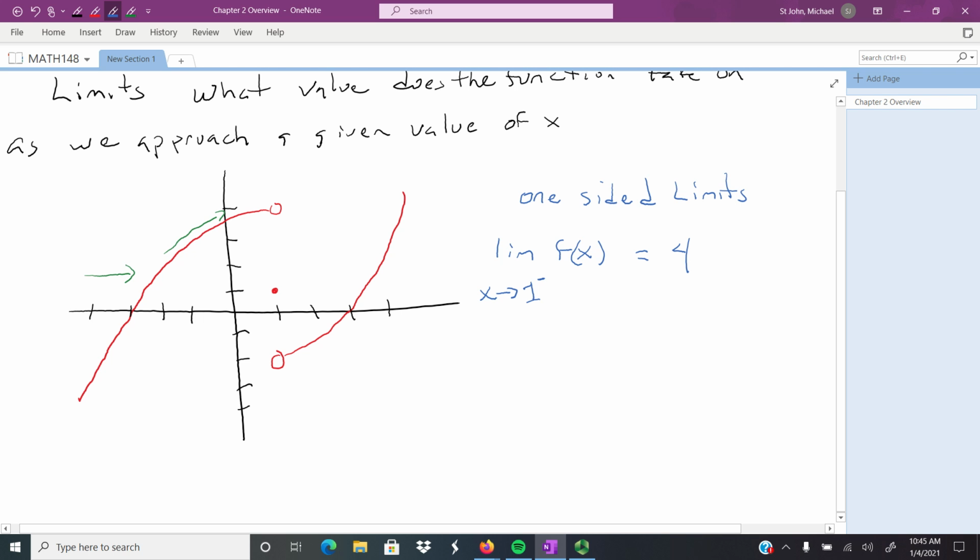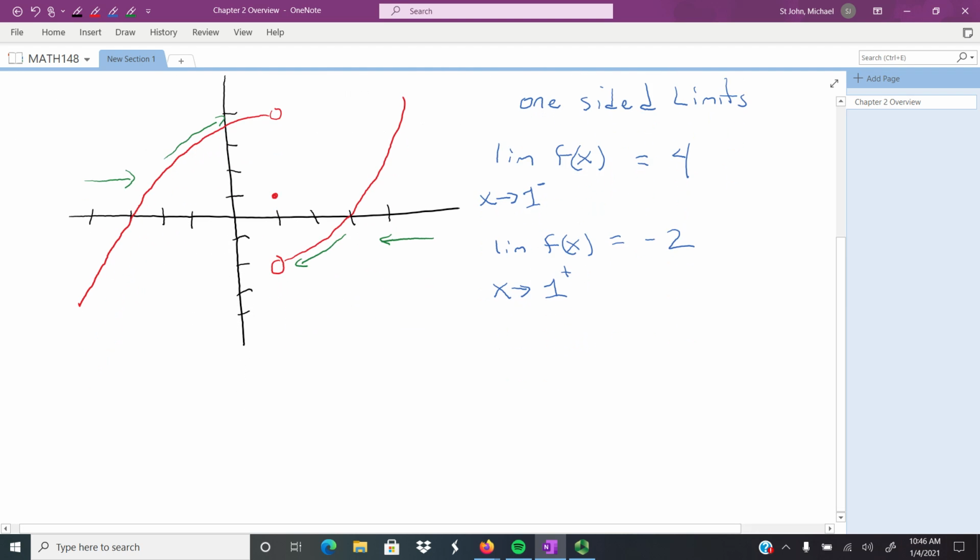And then if we do what is the limit of f of x as x approaches 1, but this time from numbers that are greater than 1. So now we're coming in this direction, which means we're now on this curve, and my function appears to be closing in on -2. Okay.